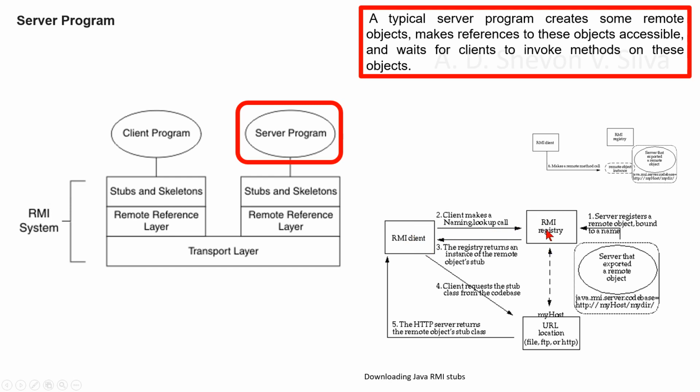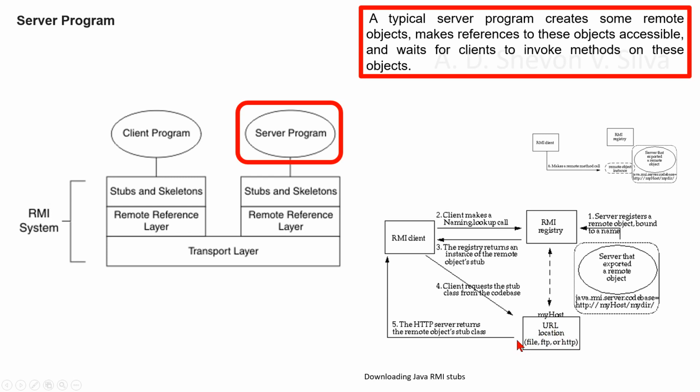Then the RMI registry returns an instance of the remote object stub to the RMI client. Then the RMI client requests the stub class from the code base. This is the URL location on my host.